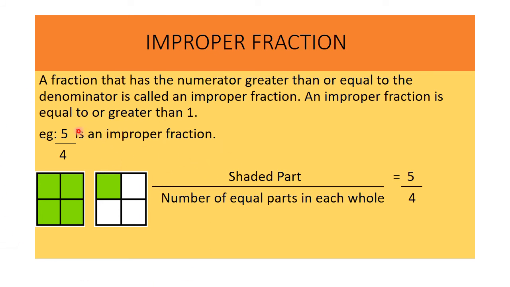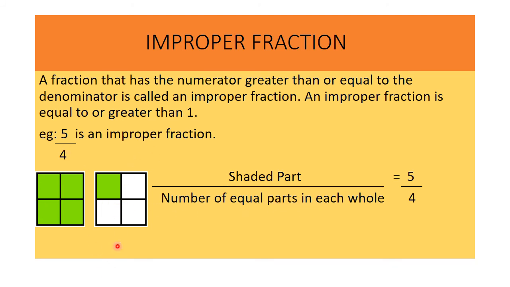Here 5 is the numerator. How did we get this numerator? We have two holes, out of which the number of shaded parts is 5: 1, 2, 3, 4 and 5. So 5 is our numerator, which is the total number of shaded parts, and the denominator, which is 4, represents the number of equal parts in each hole.